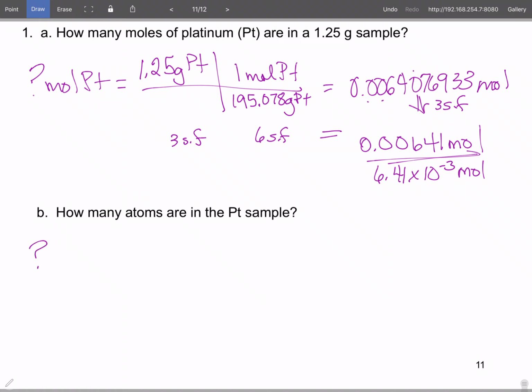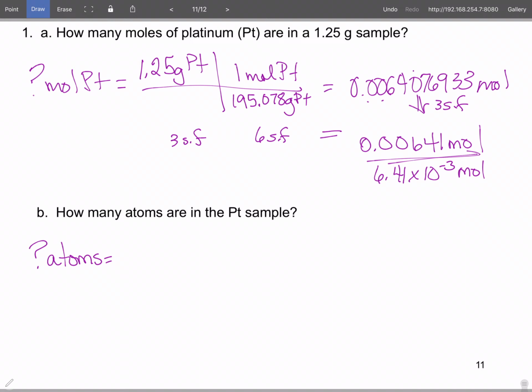Okay, how many atoms are there in the platinum sample? Now, I'm going to tell you that, yes, you could use the previous number you've generated, but I prefer you don't, because just in case you made a typo or you put numbers into your calculator wrong, which happens all the time. I do it, you do it, it just is.